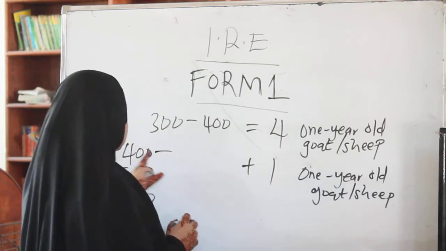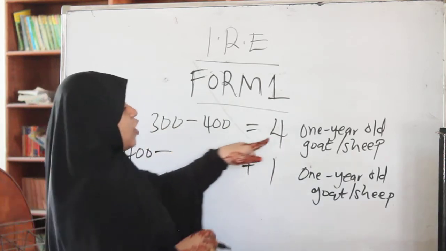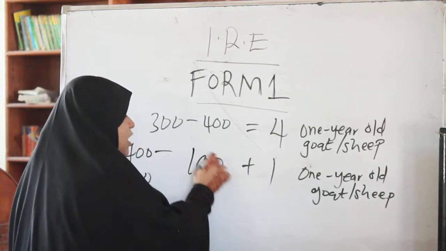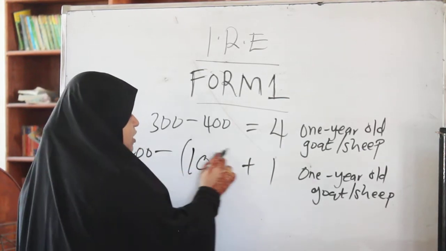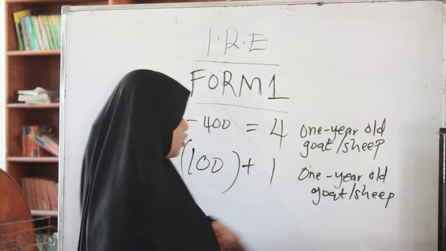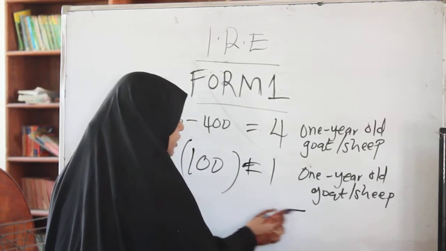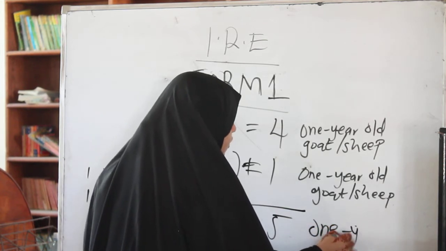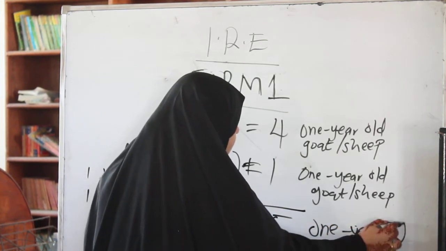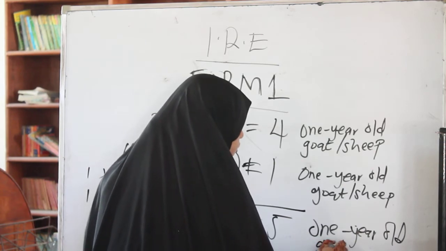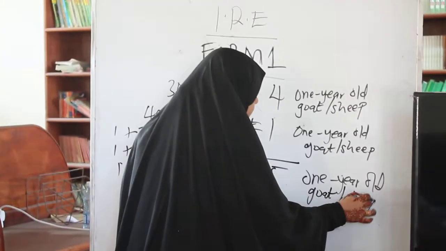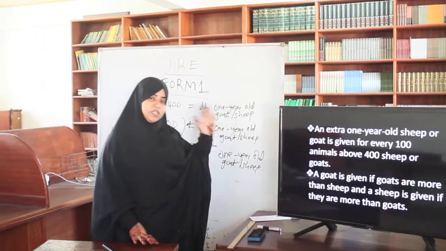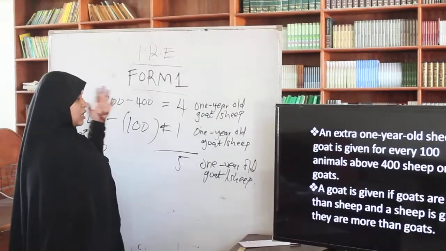It's 400, which gives 4 1 year olds, and the extra 100 that you have is plus 1. So it will be 5 1 year olds, either goats or sheep. That is the calculation for the mixture of goats and sheep.